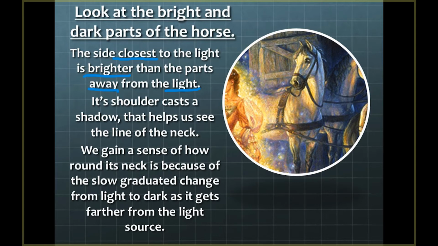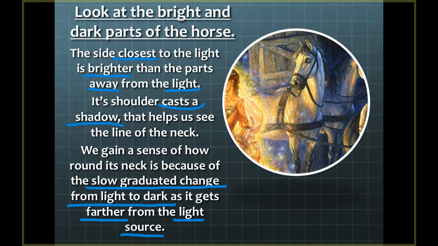Its shoulder casts a shadow that helps us see the line of the neck. We gain a sense of how round its neck is because of the slow, graduated change from light to dark as it gets farther from the light source.